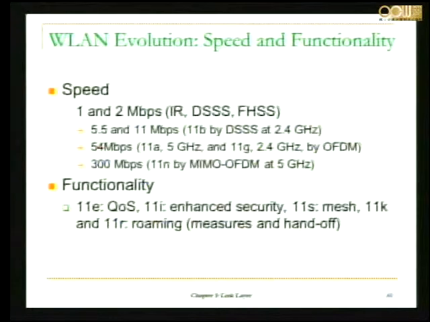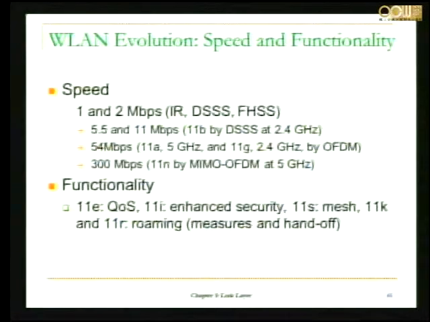Like Ethernet, wireless LAN also evolved in speed and functionality. However, it does not evolve much in different spectrum, and it does not evolve in media. It stays as a broadcast link.